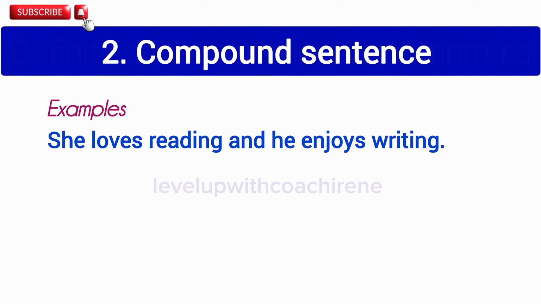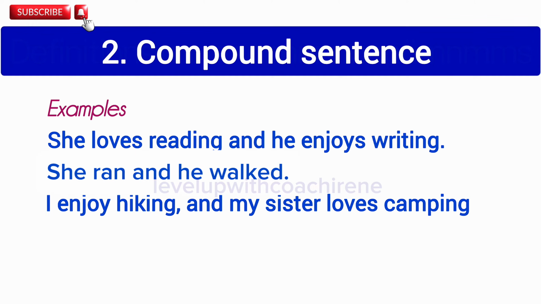Here, you can see that there is no comma. The general rule is that a comma is used only when both independent clauses are long or complex. Another example would be she ran and he walked. Another example would be I enjoy hiking and my sister loves camping.